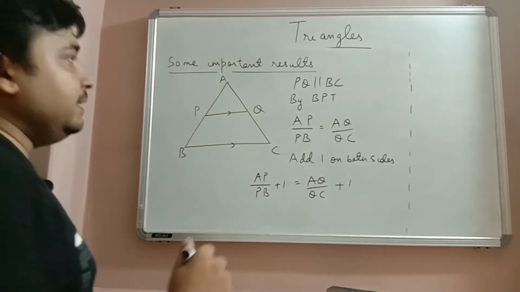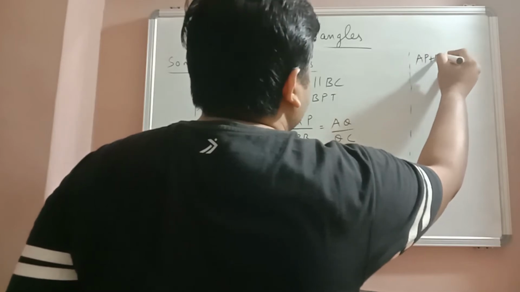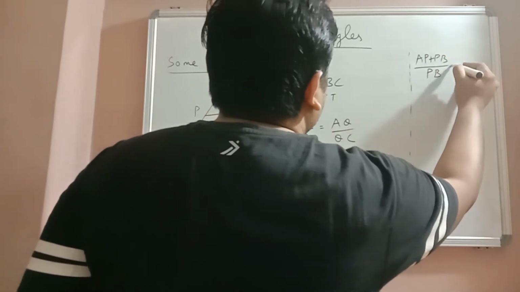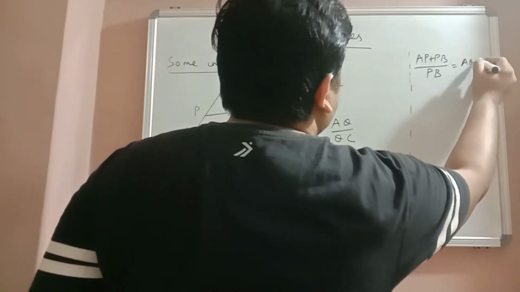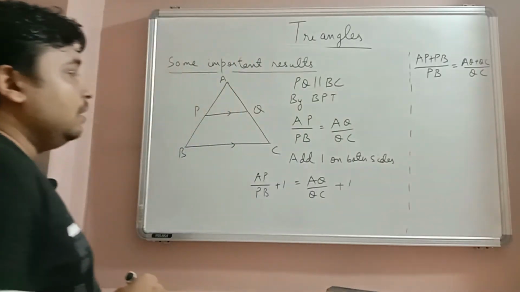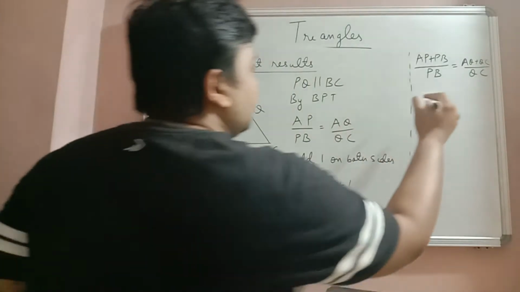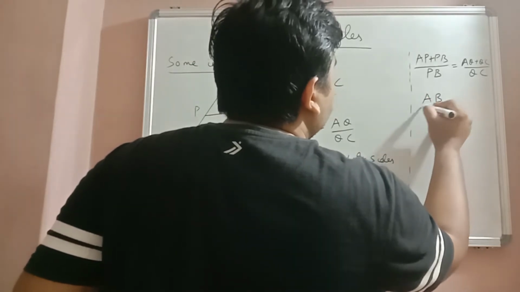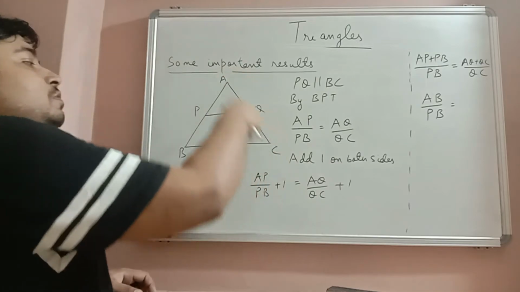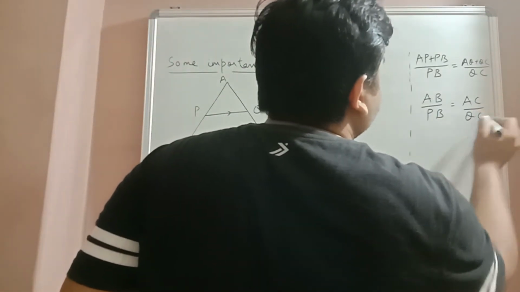Now on solving and taking LCM, we will get AP plus PB upon PB equals AQ plus QC upon QC. Now AP plus BP is AB, so one can say AB upon PB is equal to AQ plus QC, which is AC, upon QC.